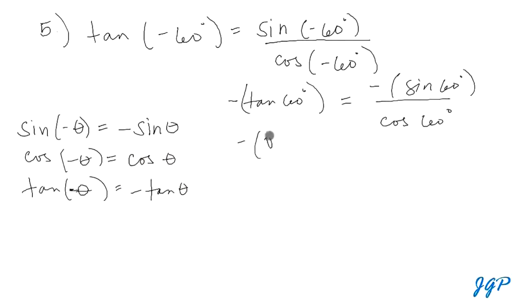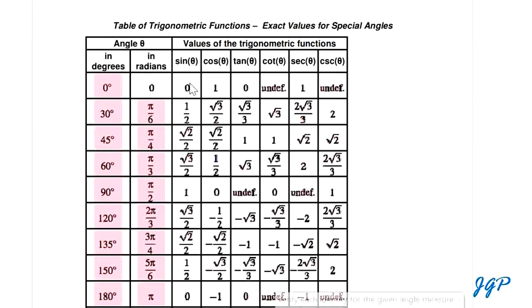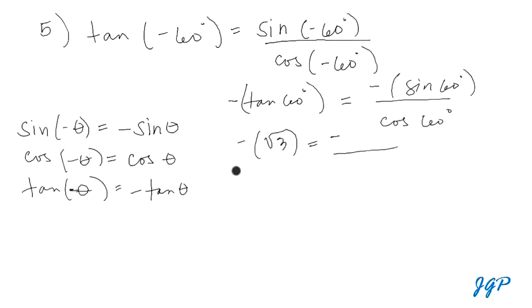That is, square root of 3 is equal to negative, our sine 60 is square root of 3 over 2, and our cosine 60 is 1/2. Okay, so let's simplify. This one automatically becomes negative square root of 3.